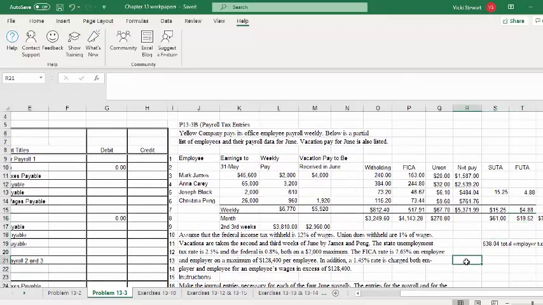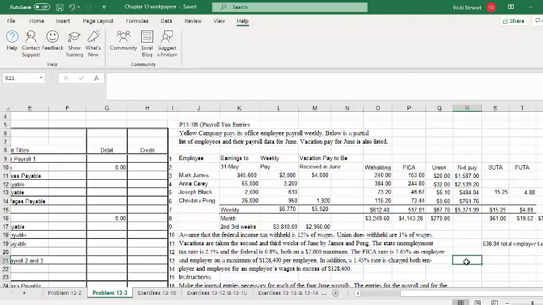The next thing the problem gives us is that the FICA rate is 7.65% on employee and employer on a maximum of $128,400 per employee.